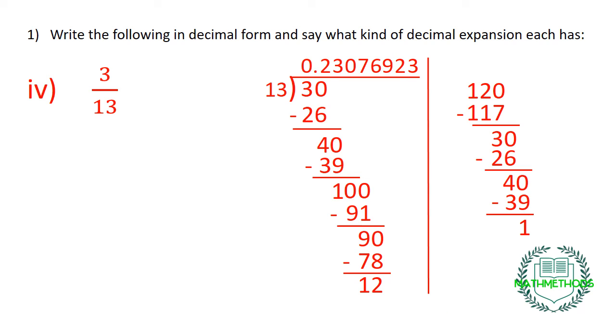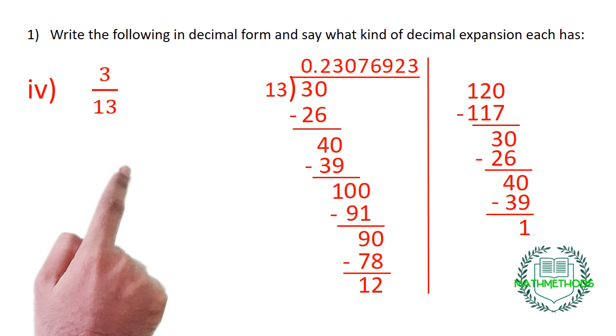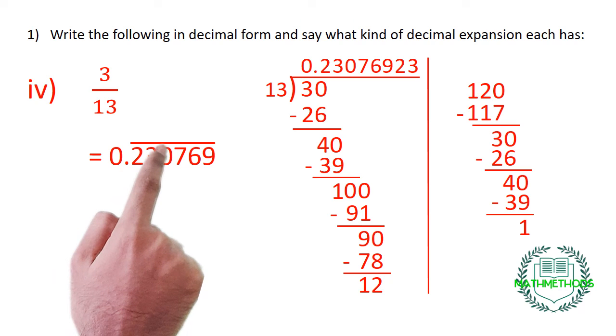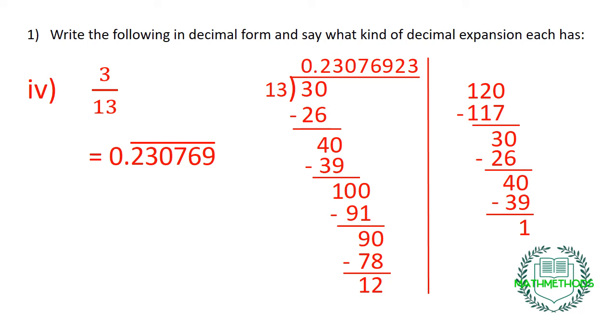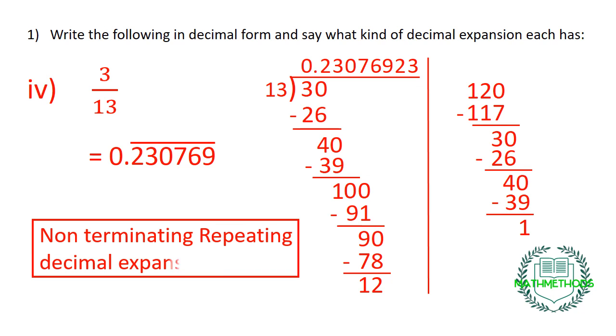So the decimal expansion of 3 upon 13 is 0.230769 with a bar over the digits 230769, which shows that the block of digits 230769 keeps repeating. So 3 upon 13 has a non-terminating repeating decimal expansion.